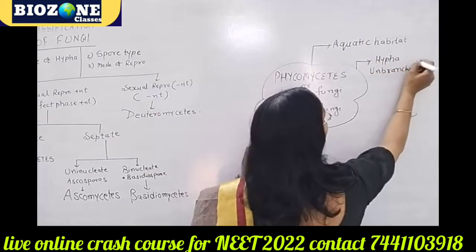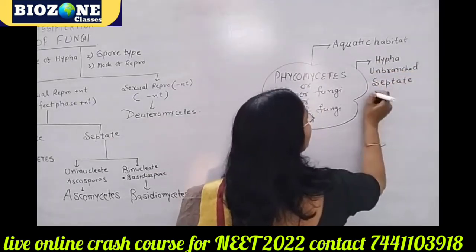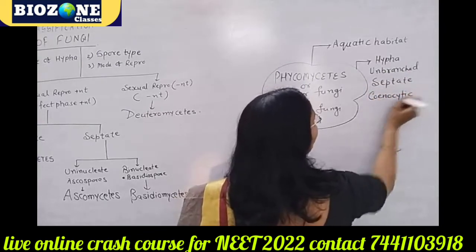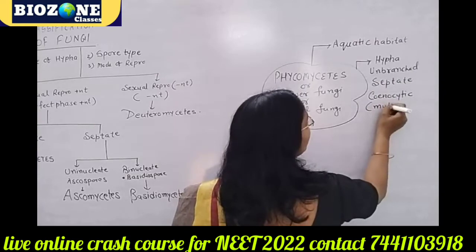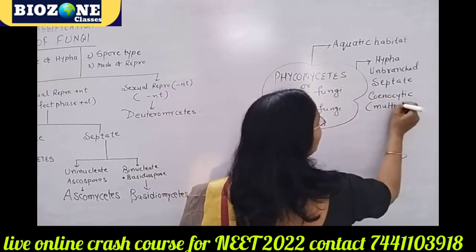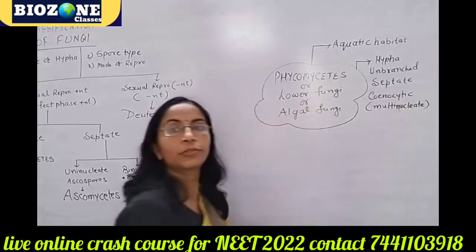Unbranched hypha, aseptate hypha, as well as coenocytic or multinucleate hypha. Coenocytic means the number of nuclei, yesterday we studied. So multinucleate hypha is present. So this you remember.